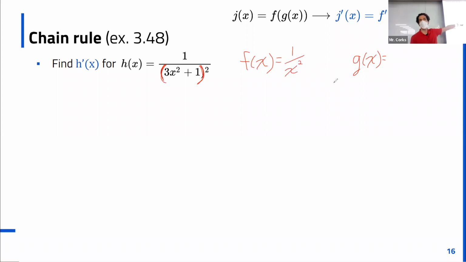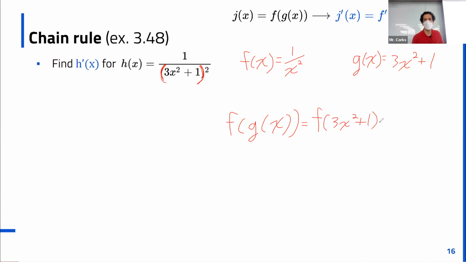We can do derivatives of this. Okay, we have our power rule. We convert it to a negative exponent. We can do derivatives of that. And then the inside part would be 3x squared plus 1. Okay, so f of g of x would be f of 3x squared plus 1.